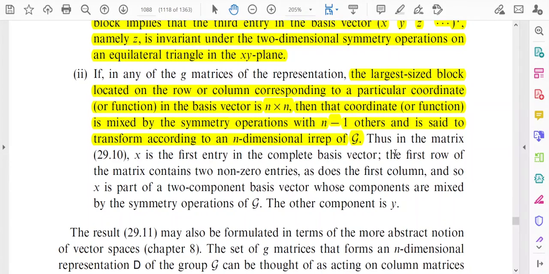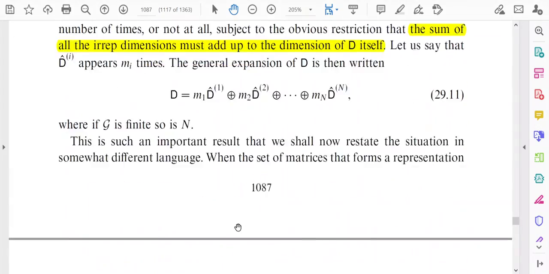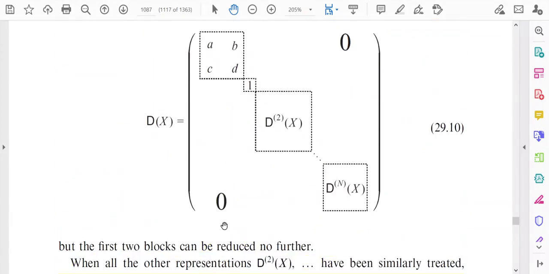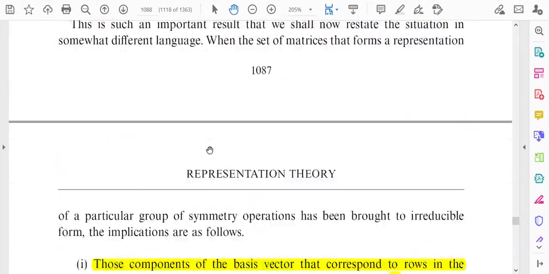In the matrix, suppose x is the first entry in the complete basis vector. The first row of the matrix contains two non-zero entries, and the first column also contains two non-zero entries.